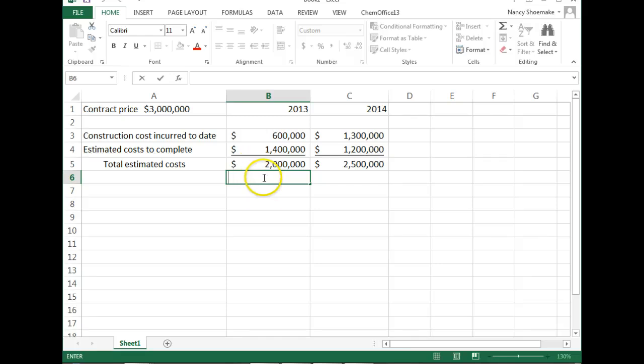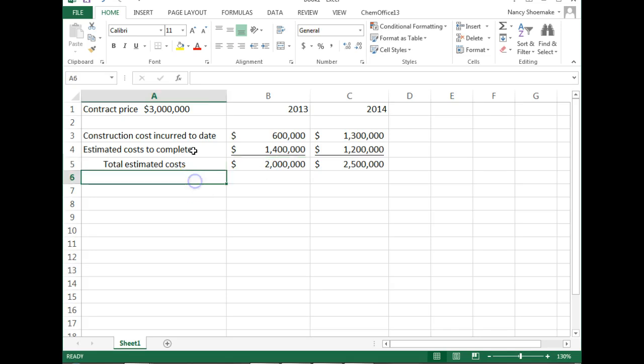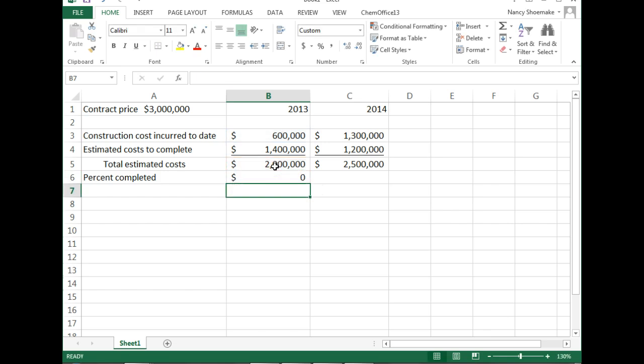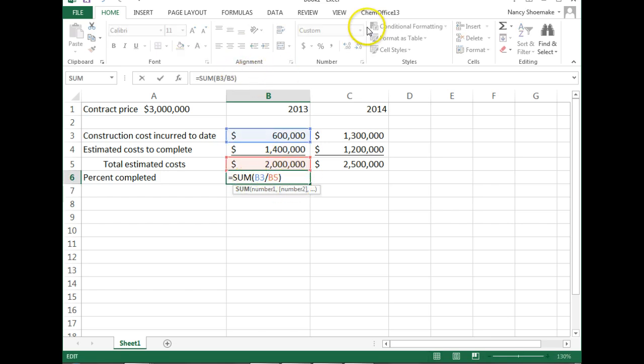So if we take this and we show that we have completed 600,000, but we estimate our total cost to be 2 million, what is our percent completed here? We're going to take our 600,000 divided by our total cost of 2 million.